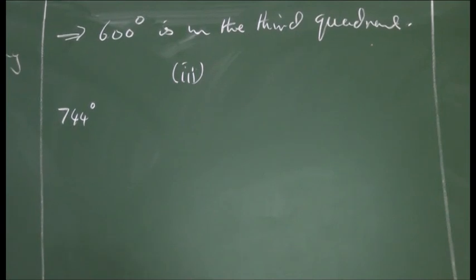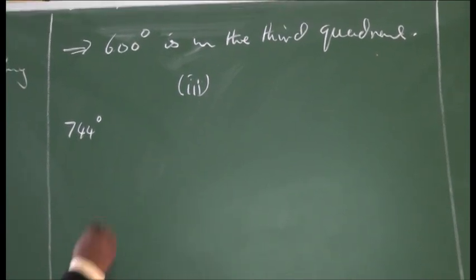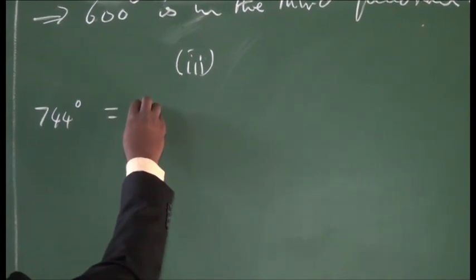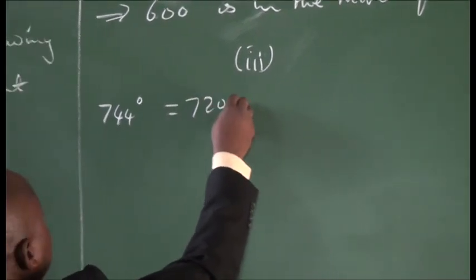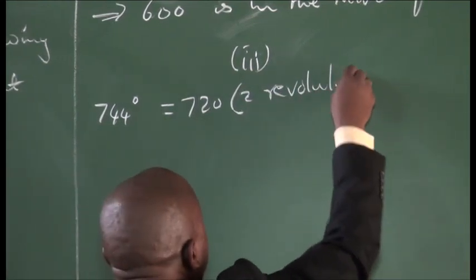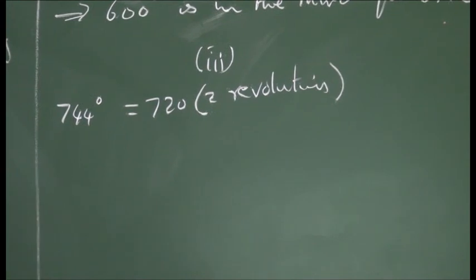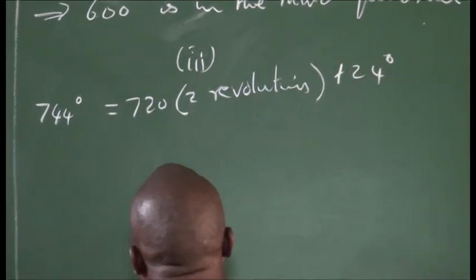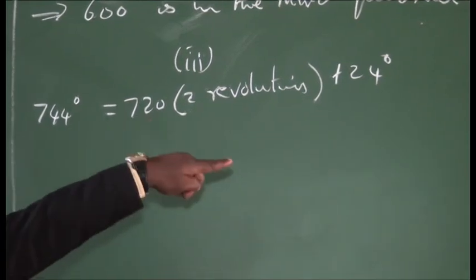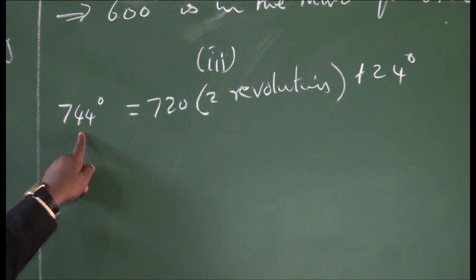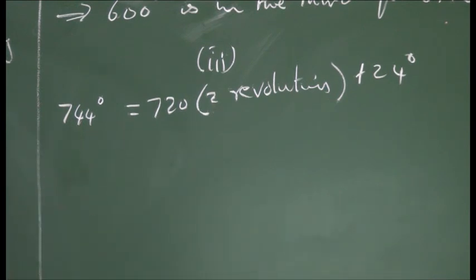Next, 744 degrees. 744 will be equal to 720, which is two revolutions, plus 24 degrees. 720 plus 24 will give us 744.